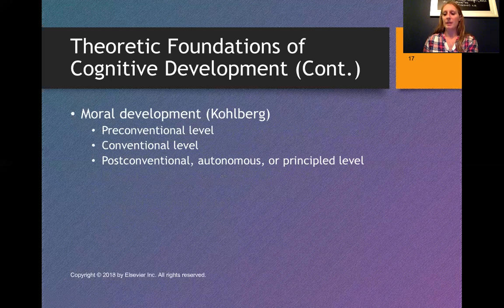The moral development, which is Kohlberg's theory, comes with 3 levels. So we have the pre-conventional level, the conventional level, and the post-conventional level. And the pre-conventional level is where kids react to the adults.